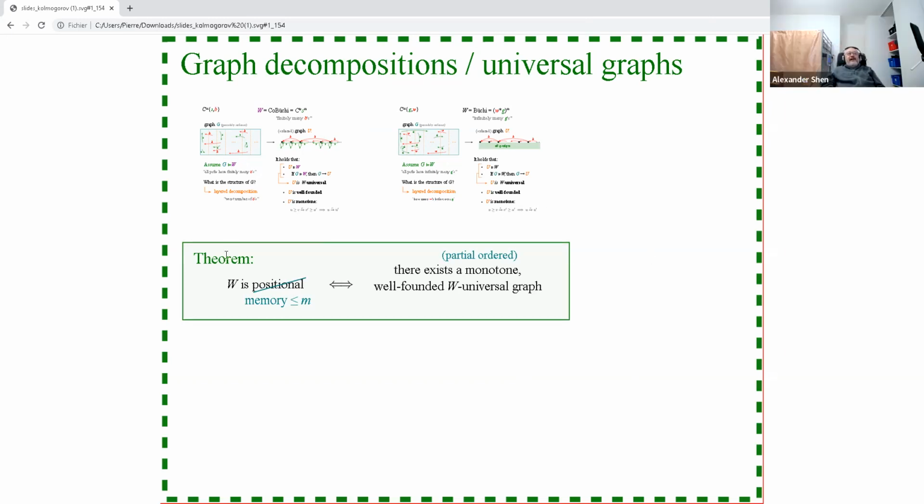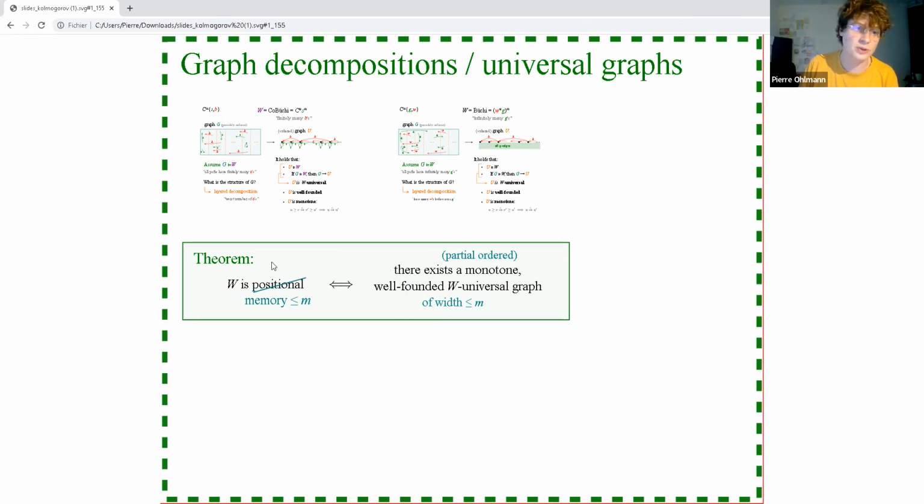So the way it extends is, if you don't care about positional but finite memory, then the order on the universal graph is no longer a total order, but a partial order. So the graph has some kind of width, by which I mean the size of the antichains in this partial order. And it needs to be a well-founded partial order. Then this result works.